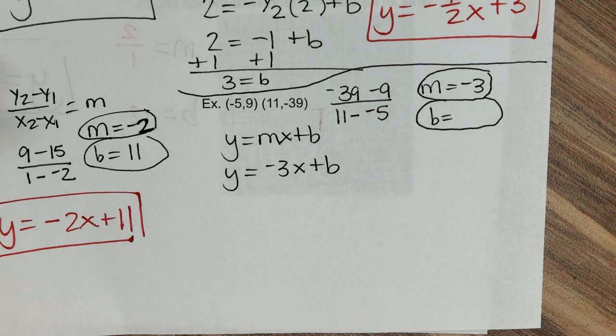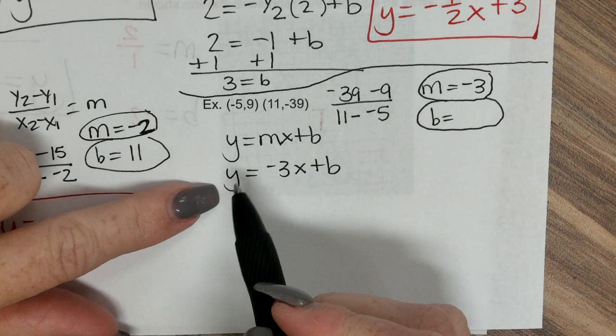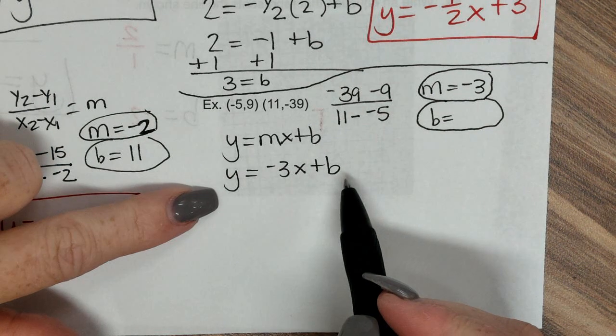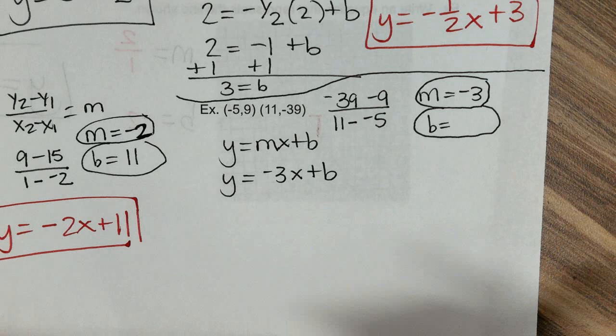Okay, so notice I wrote y equals mx plus b, then I wrote y equals negative 3x plus b. Now I'm going to pick a coordinate. Which one did y'all choose?